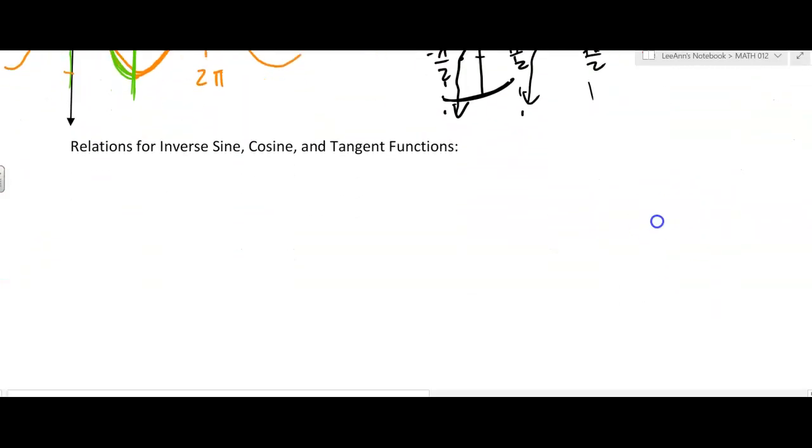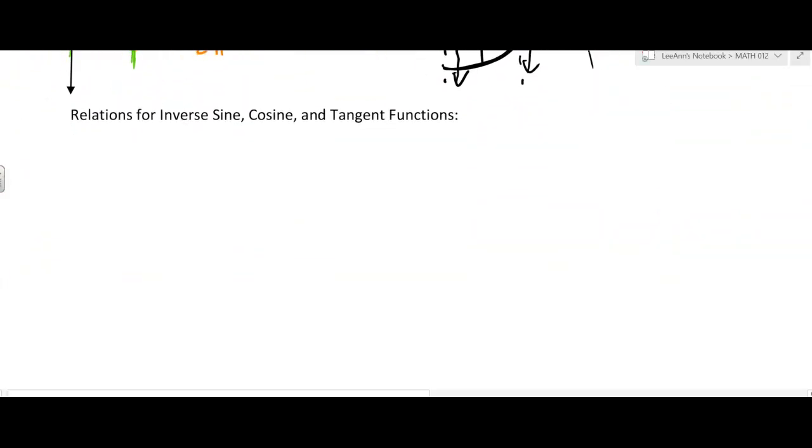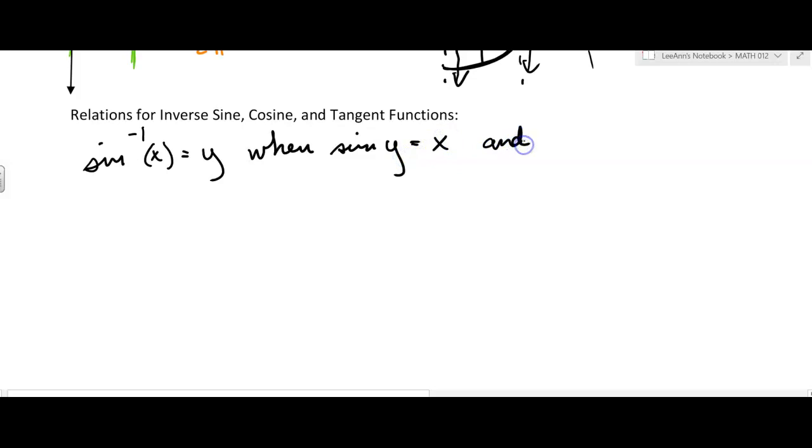Now, we're going to write it all up nicely for you here. So for inverse sine, let's see. And so we have to have y in the way I have it written.